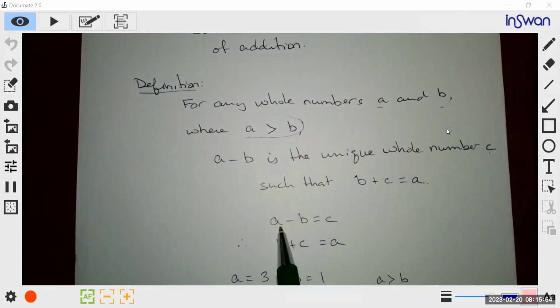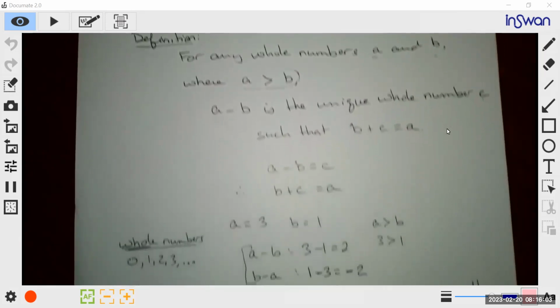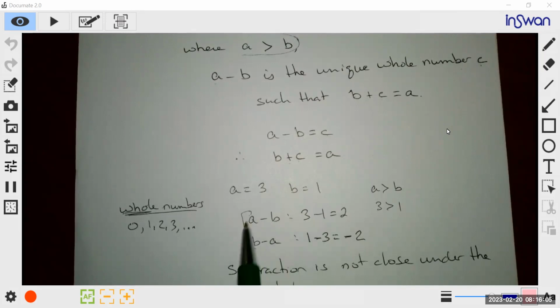This is what it says. A minus b equals c. That's true as long as b plus c equals a. For example, if a is 3, b is 1, it satisfies the condition a is bigger than b. A minus b, 3 minus 1, is 2.